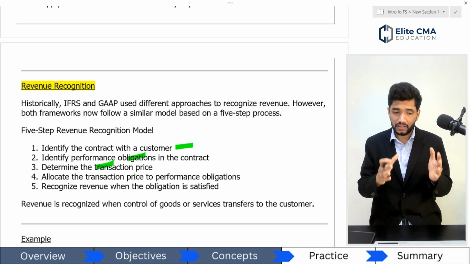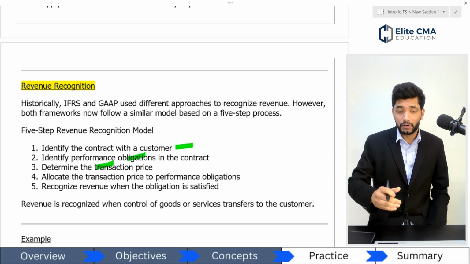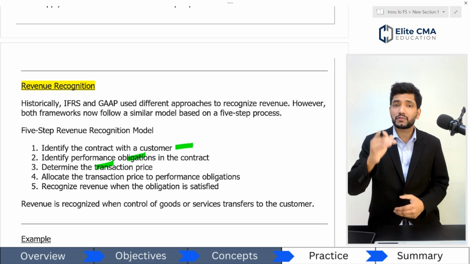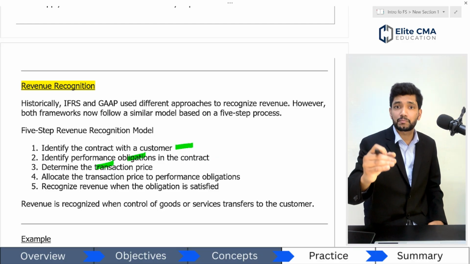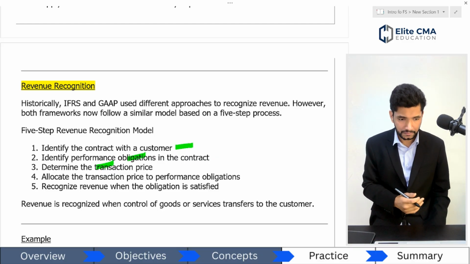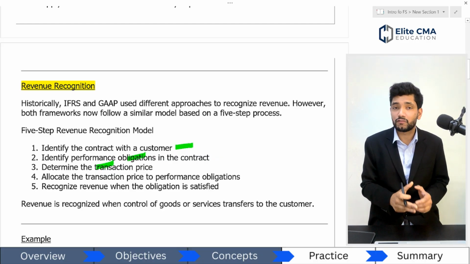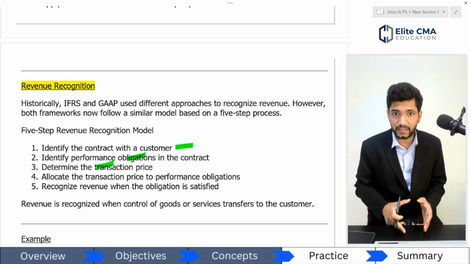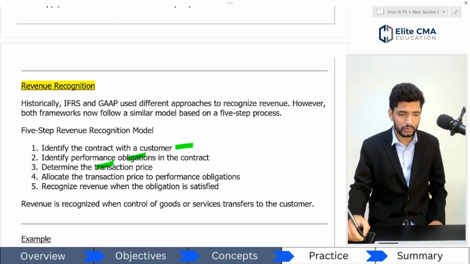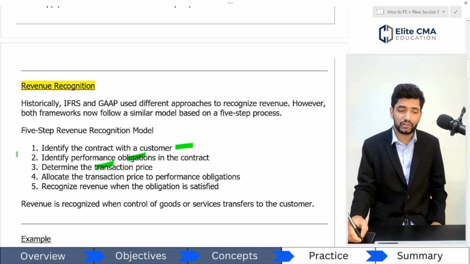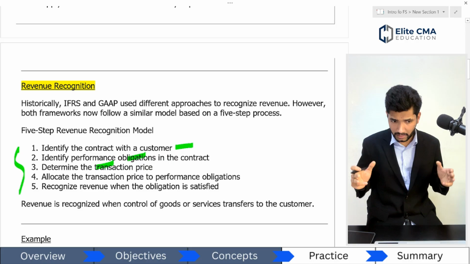And allocate the transaction price to the performance obligations. Then revenue is recognized when the obligation is satisfied. Once the performance obligation is satisfied, based on that you can recognize the revenue. So this is the commonly used 5-step revenue recognition model which is agreed on in IFRS and US GAAP.